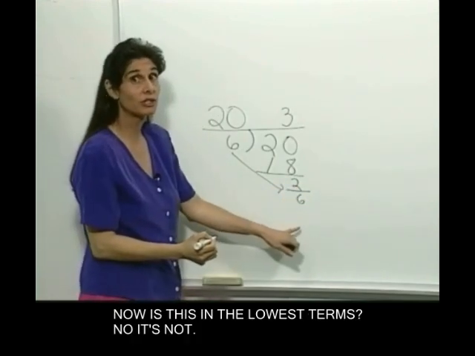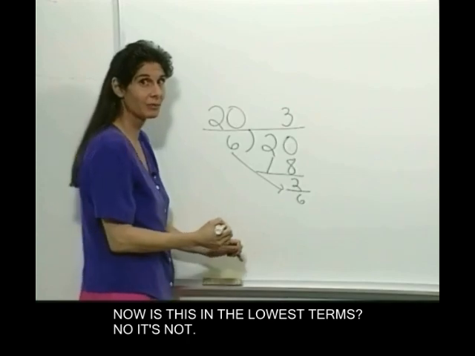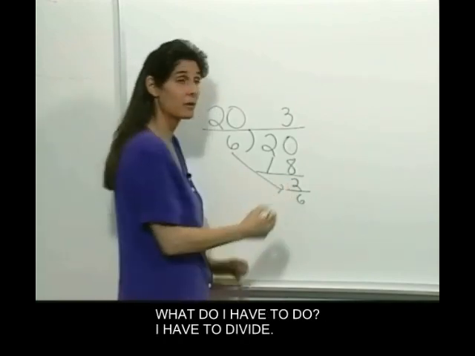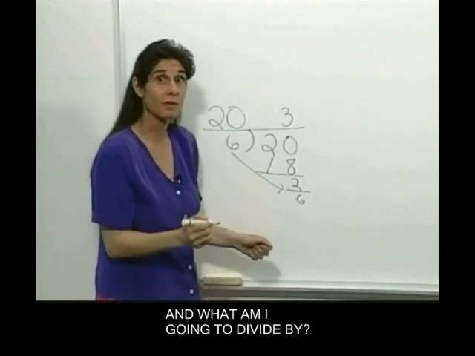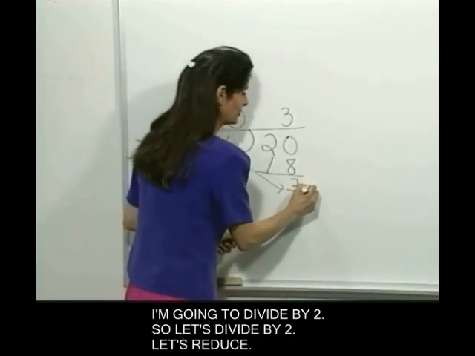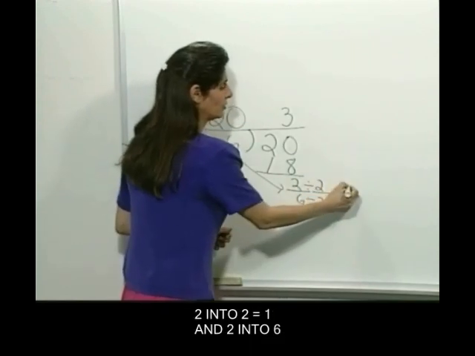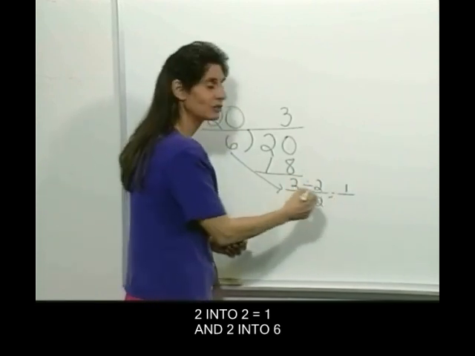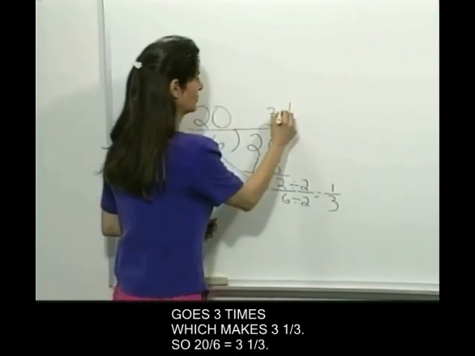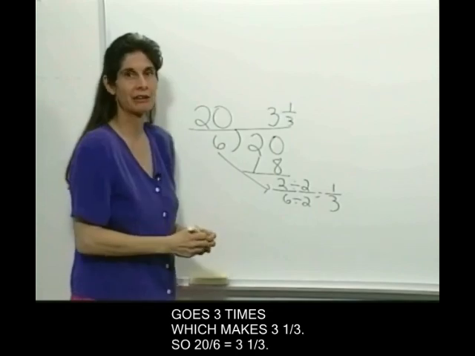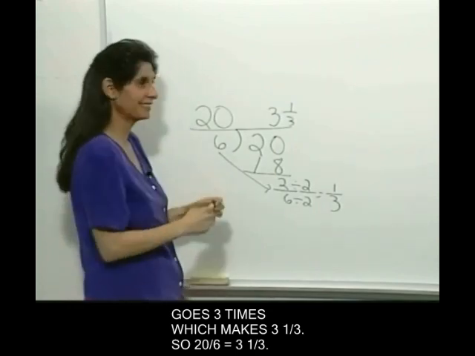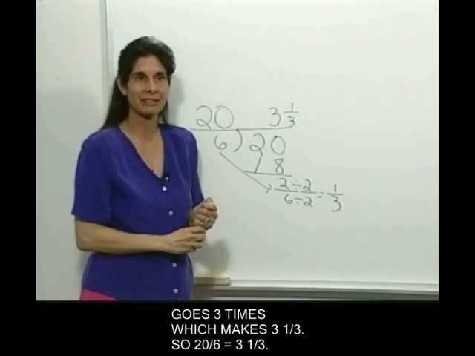Now, is this in the lowest terms? No, it's not. What do I have to do? I have to divide. And what am I going to divide by? I'm going to divide by 2. Let's reduce. 2 into 2 is once, and 2 into 6 goes 3 times, which makes 3 1/3. So 20/6 equals 3 1/3.